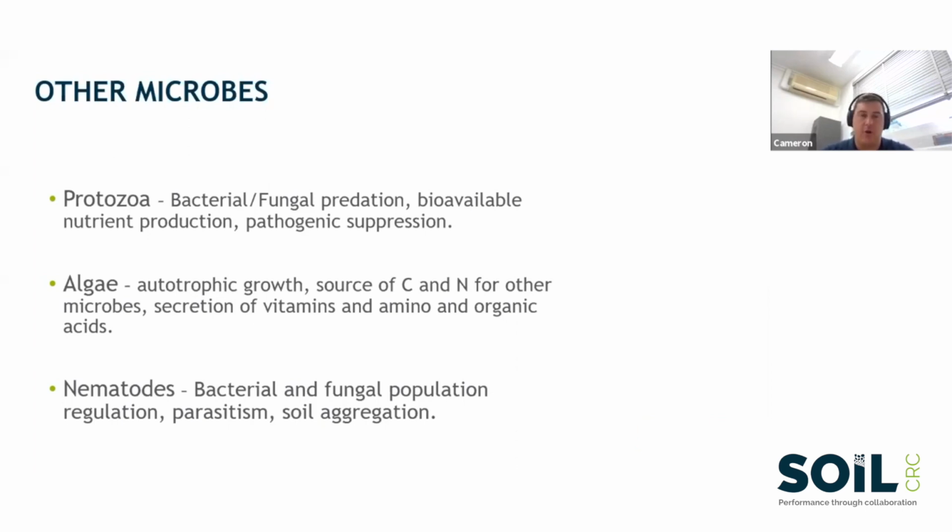But it is important for protozoa to exist so that bacterial predation, the feeding on the pathogenic bacteria and fungi, stops their growth. And then by feeding on these, they allow for a different form of nutrient to be available to other microbes. So they eat the bacteria and then convert the cells into sort of bioavailable nutrients.